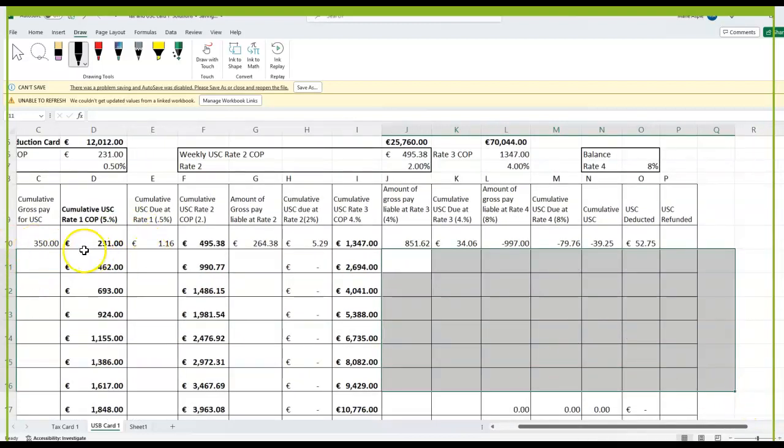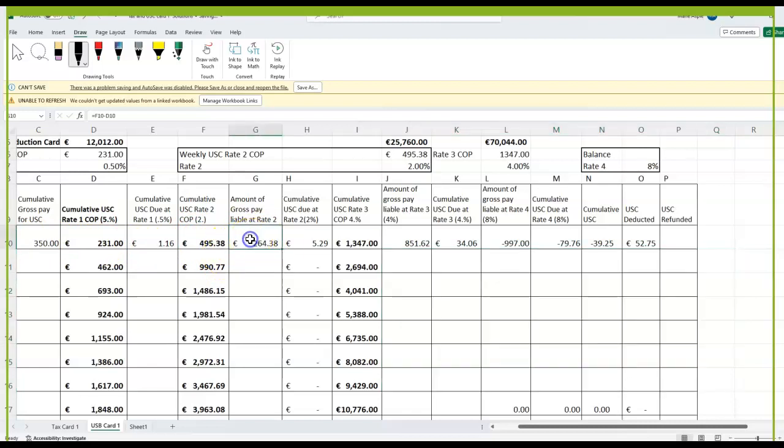So if I have 350, the first 231 is at 0.5%, 115, 116. 350 is not going to exceed 495, so the difference here is 350 minus cutoff 1 to give me 119 at 2%, and the rest of that income is not needed, because I've just rate 1 plus rate 2, because my income is so low. The first portion and the second portion counts only, so 354.